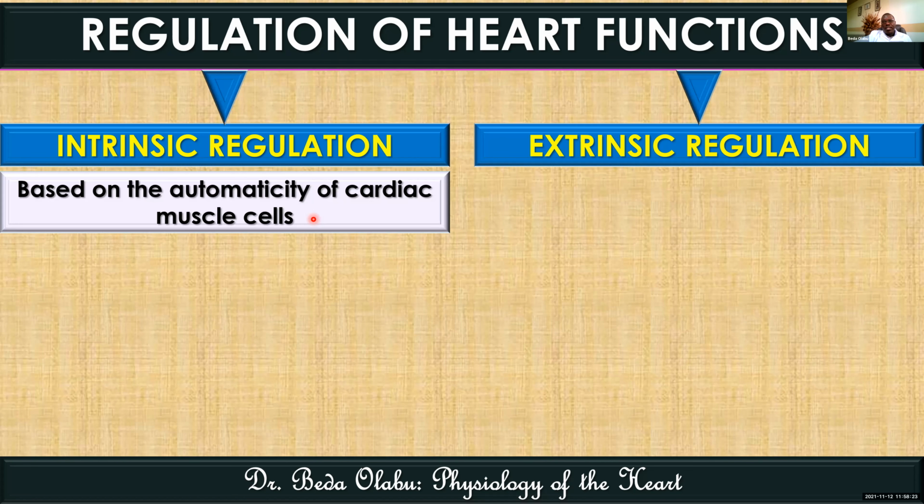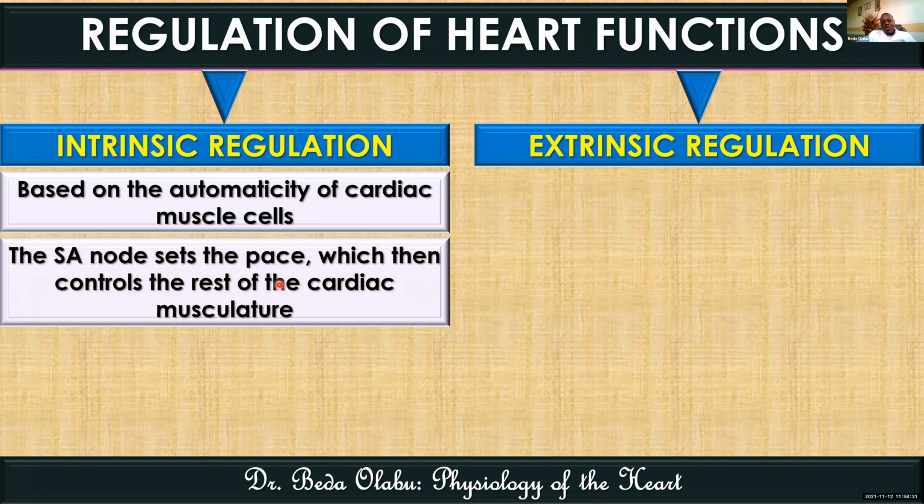Remember, automaticity is the ability to function even without external stimulation. This is largely courtesy of the sinoatrial node, which is able to set the pace for the heart and so controlling the rest of the cardiac musculature. So even without external stimulation, we are saying that the heart can actually control itself. That is intrinsic regulation.